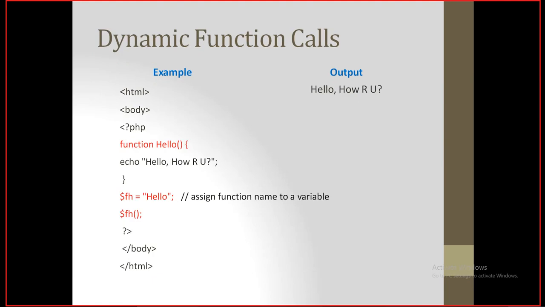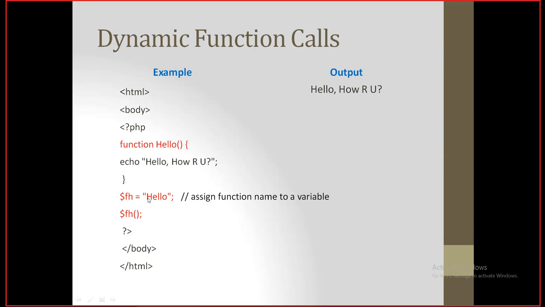Dynamic function calls. Now this is important. If we are using any function inside a script, then we can assign the function name to any of the variables. So here we have a function hello, which is printing a statement, and we have used a variable fh, and we are assigning the function name to it, right?